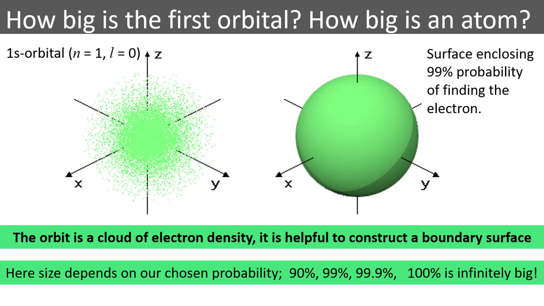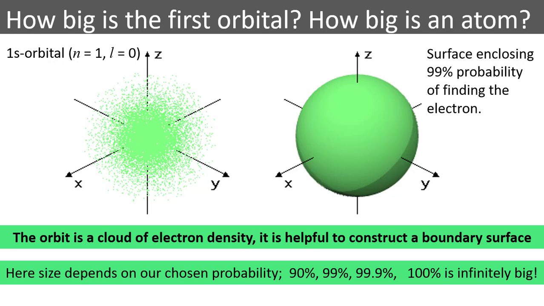That's a good way to do it. We've got a sphere. Inside the sphere is a 99% chance of finding the electron. Outside the sphere is a 1% chance of finding the electron. That seems fair. That this sphere encloses the orbital mostly, and that's quite helpful.